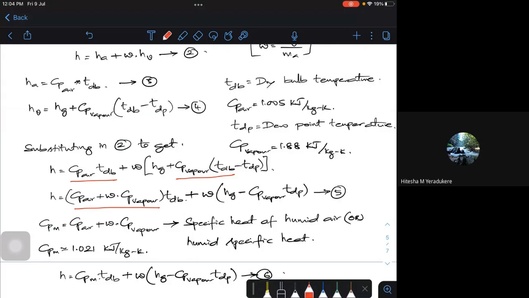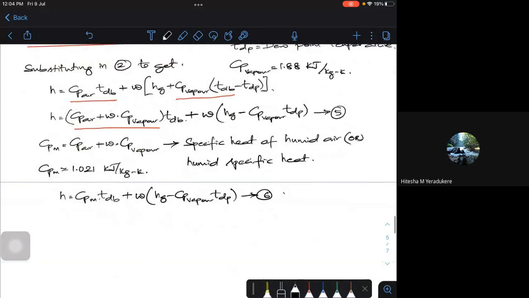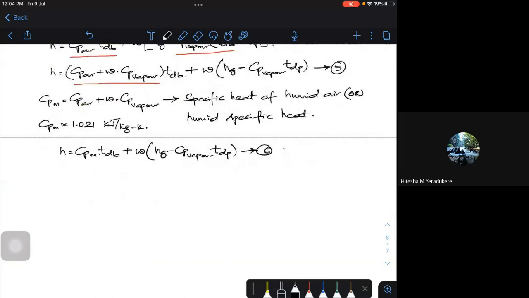This is the generalized equation, but for a specific condition, regarding your HV, if HV is equal to Hg at dry bulb temperature, it is simply Hg. I don't have anything extra.